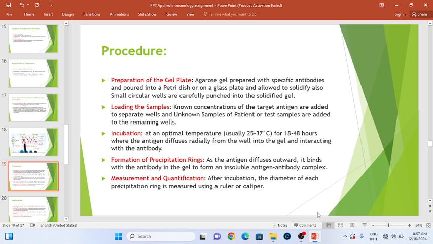Fifth one is measurement and quantification. As we know, radioimmunodiffusion is a quantitative method used to quantify antigen in the sample. After incubation, the diameter of each precipitin ring is measured using a ruler or caliper.